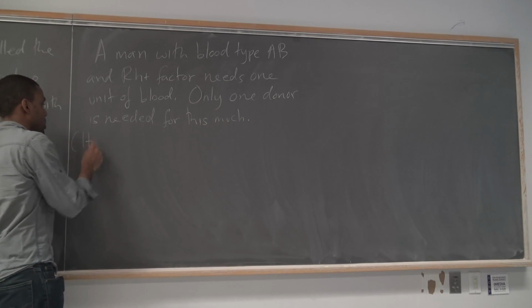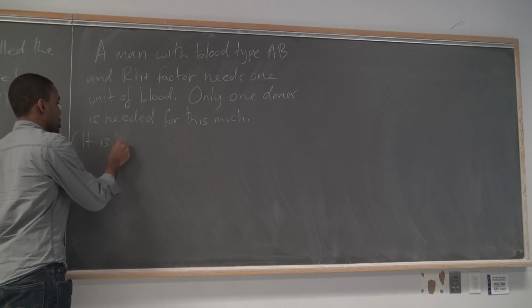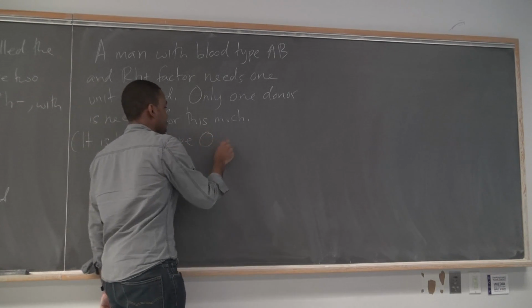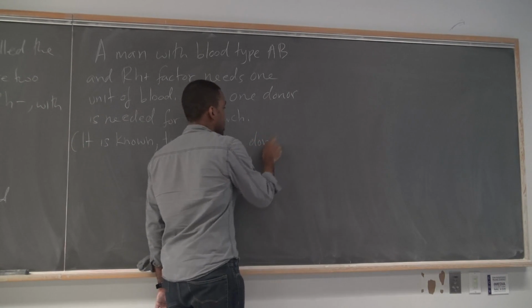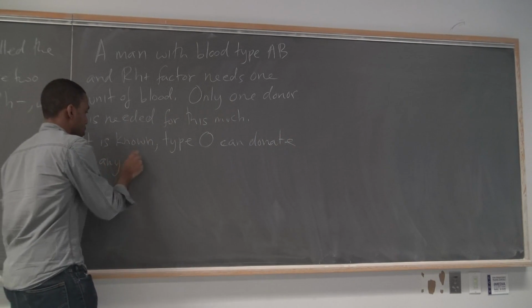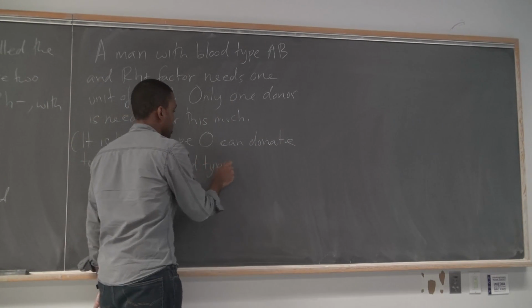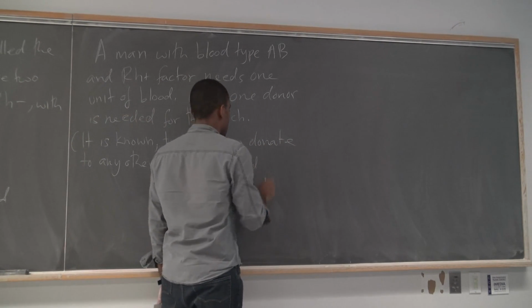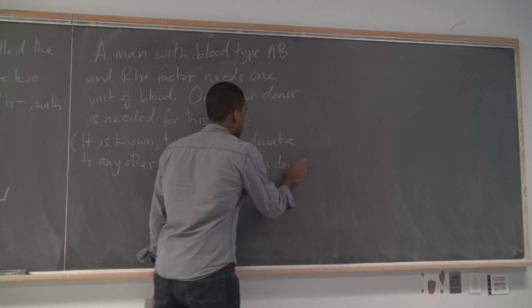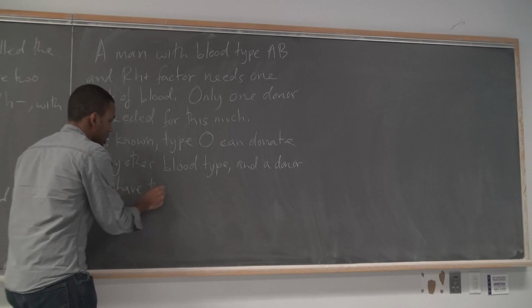It is also known, we have a curious fact that helps a lot of people out. It is known type O can donate to any other blood type. And a donor must have the same Rh factor.